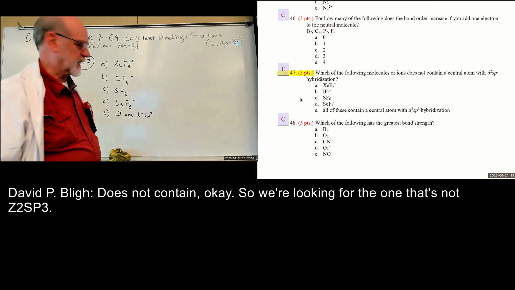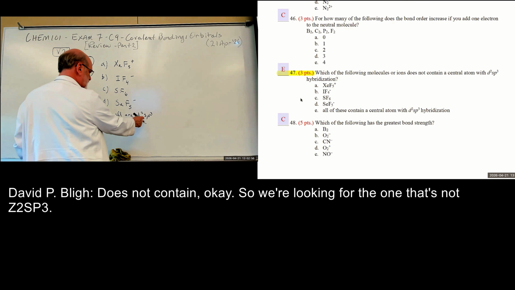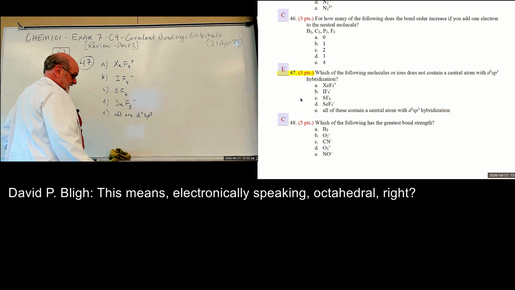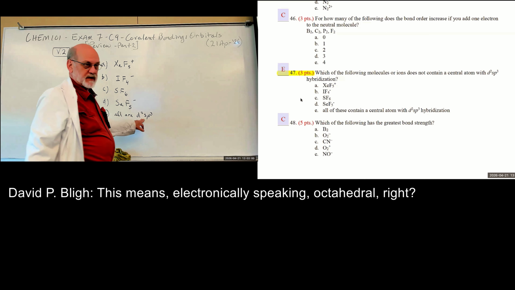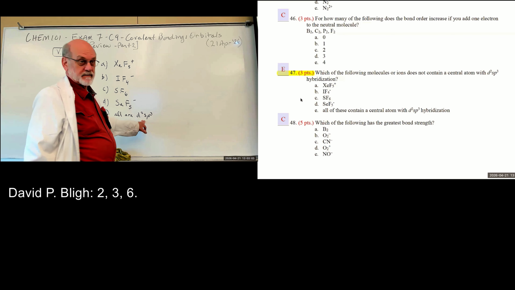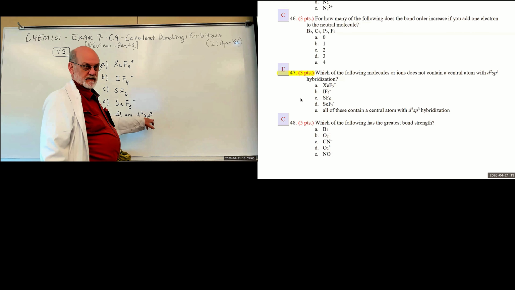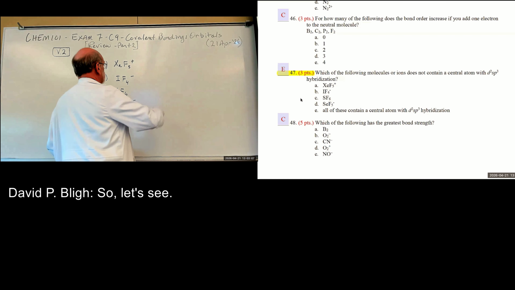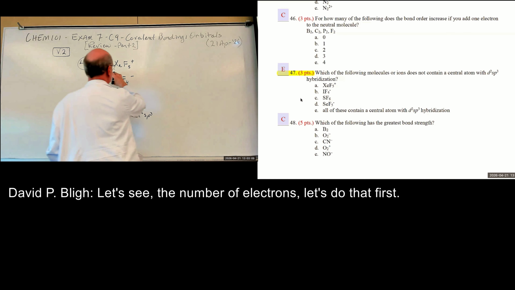Does not contain. Okay, so we're looking for the one that's not d2sp3. This means, electronically speaking, octahedral, right? 2, 3, 6.